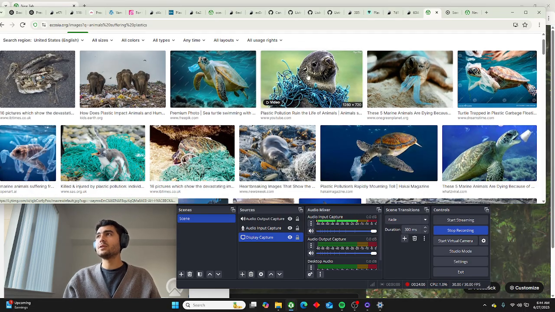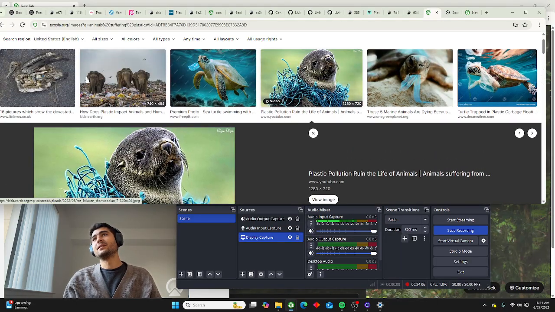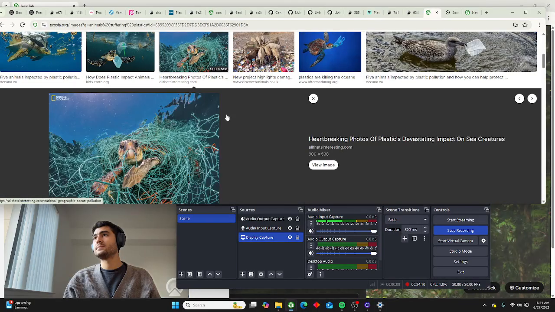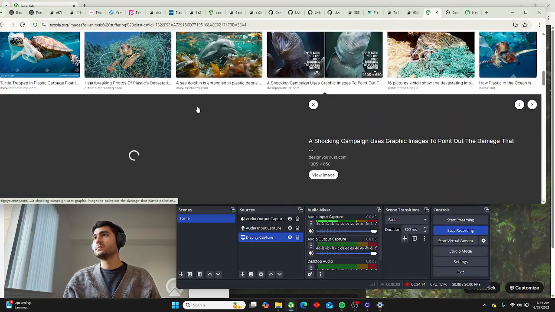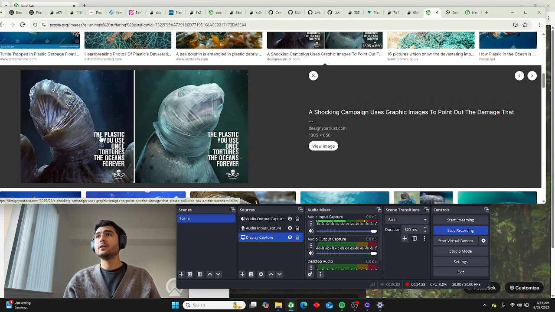So look at these beautiful animals. Yeah, look at how they look. Oh my god, man, that is so sad. The plastic you use once tortures the oceans forever.